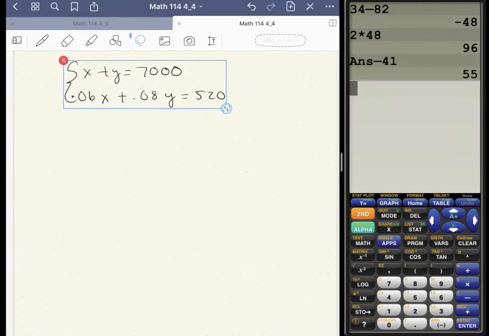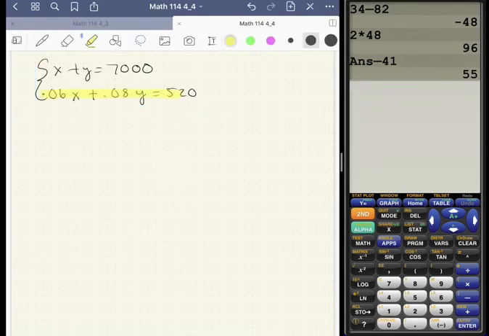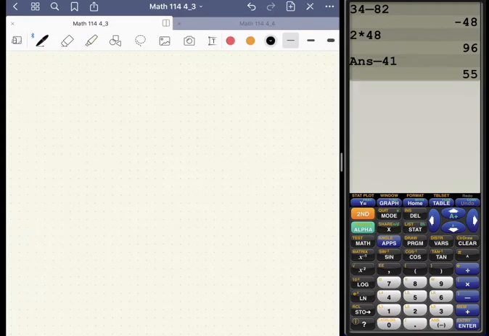So now that I have that, let's start working. Before we continue working, let's work with this one right here in the bottom. I don't like those decimals at all.